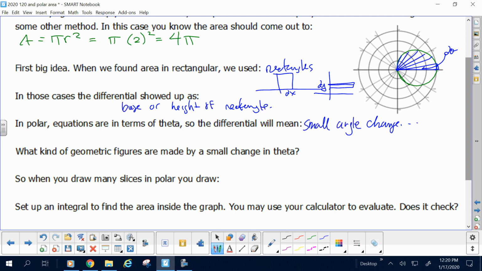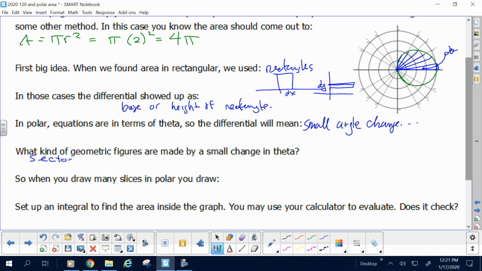So you could say it looks like a sector, which is a portion of a circle. That's true. Or what else? Now, keep in mind, I understand that I'm drawing fairly big wedges, and so it feels like that side is curvy, yeah? But remember, d theta is so small that it's only like this big.